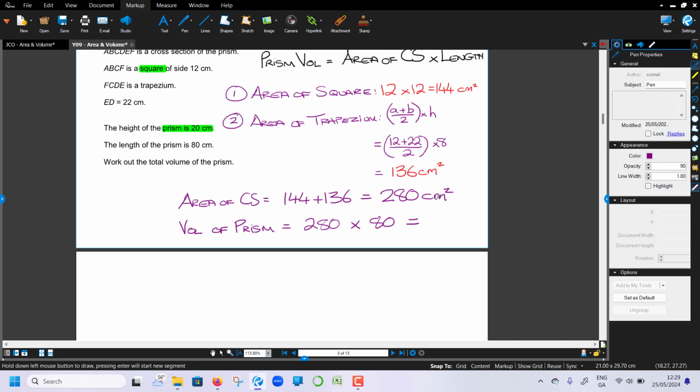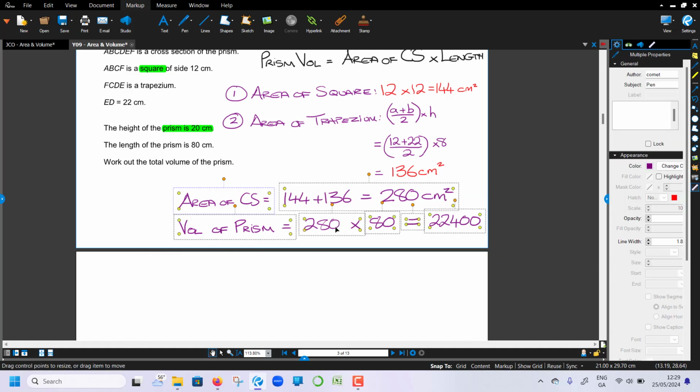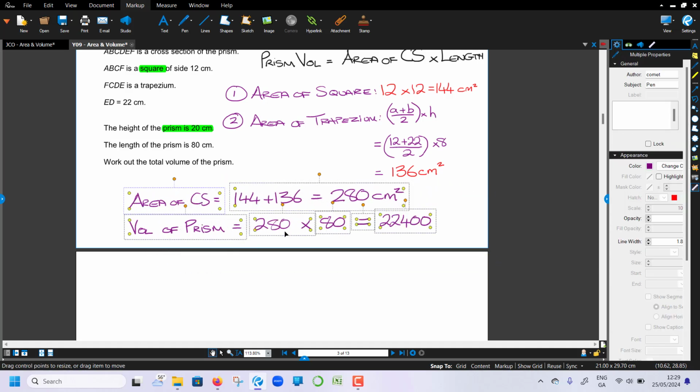All right, that equals, what's that? 56 times 4 is 224, so 2240. Let's do it. 80 times 280 equals 22400. And it's a volume, so it's cubed, and the units are centimeters, so centimeters cubed.